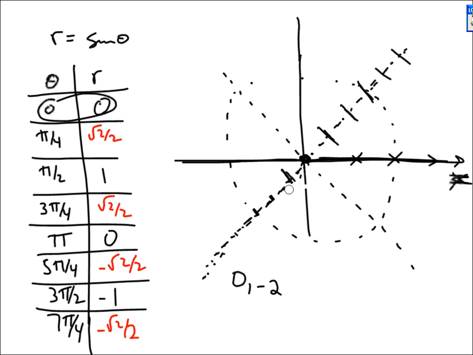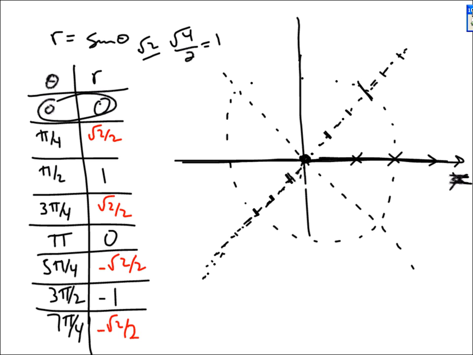And once you start seeing that, maybe this becomes easier. Okay. So at 0, 0, we plotted pi over 4, square root of 2 over 2. Square root of 2 over 2 is less than 1, because I know that square root of 4 over 2 is 1.